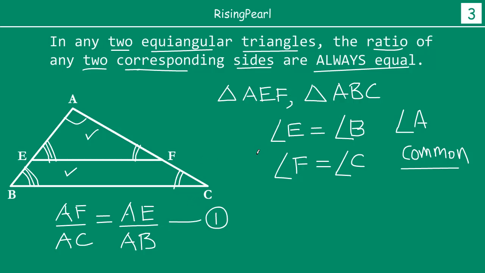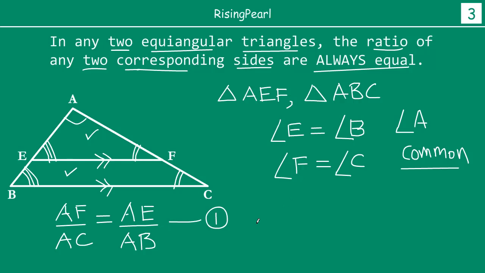Now I want to highlight one thing here. If you look at the lines EF and BC, with AB as a transversal, these two angles are equal. That means EF must be parallel to BC. Why?